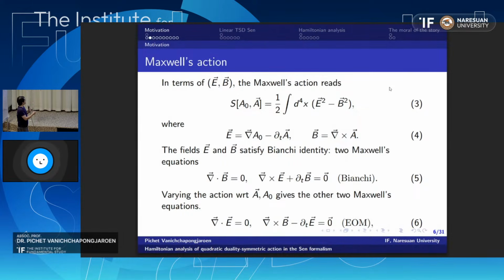But on the other hand, if we look at the action, where E and B can be written in terms of A0 and vector A, as Dr. Pongwit has already told you from the first day. If we vary the action, pretty much repeating what Dr. Pongwit said, we get two of the Maxwell equations.